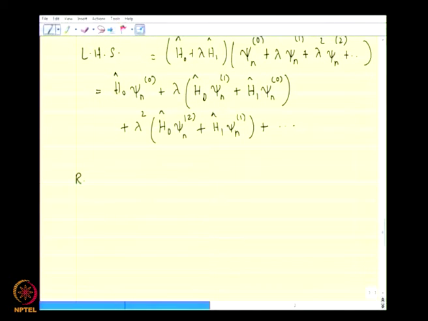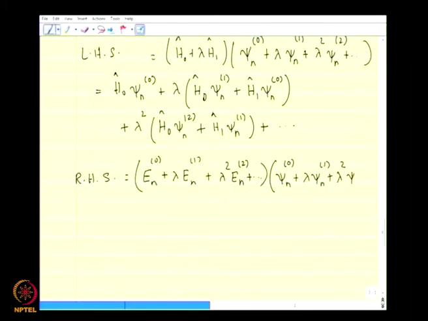What about the right hand side? Remember it is given by E n0 plus lambda E n1 plus lambda square E n2 plus etc., multiplying the wave functions psi n0 plus lambda psi n1 plus lambda square psi n2 plus so on.